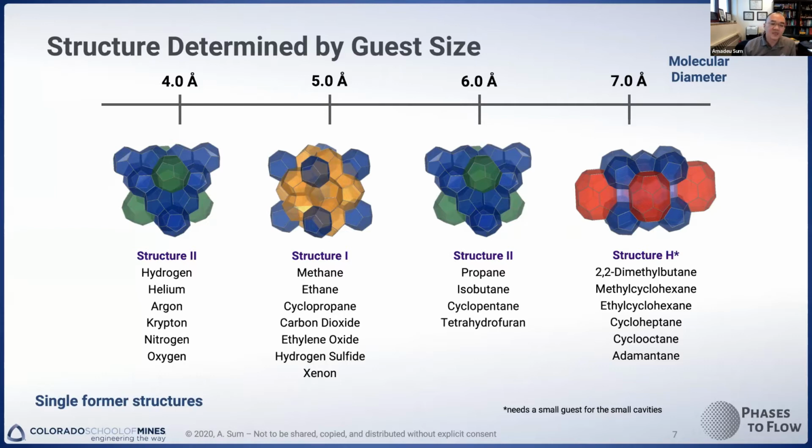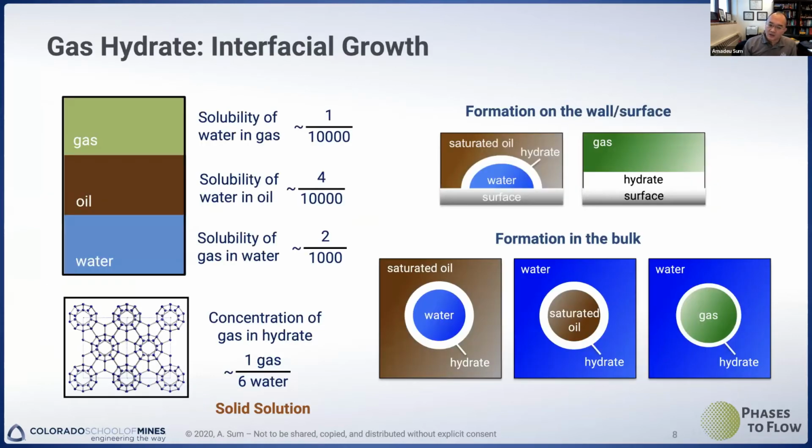So what is important also to realize is where hydrates are going to form. And that has to do with the availability and the contact of water and gas. If we look at the solubility of water in gas, there's very little chance that the hydrates would form in a gas phase.